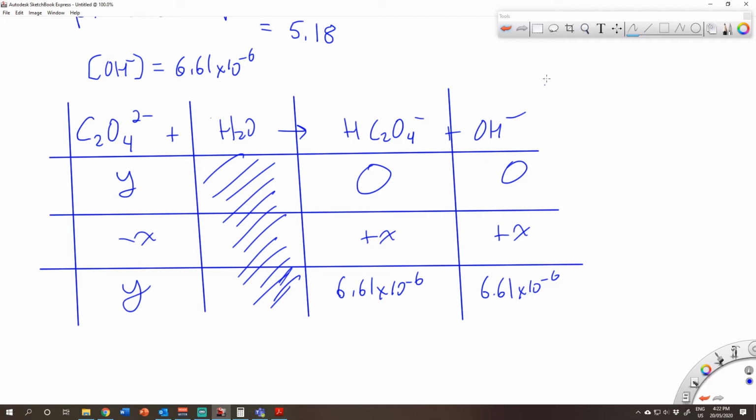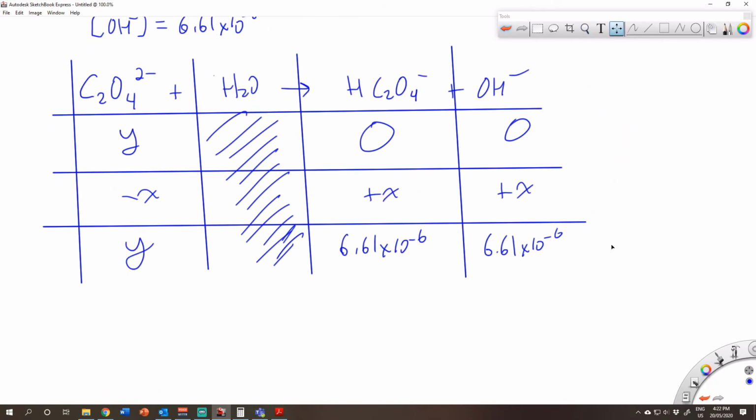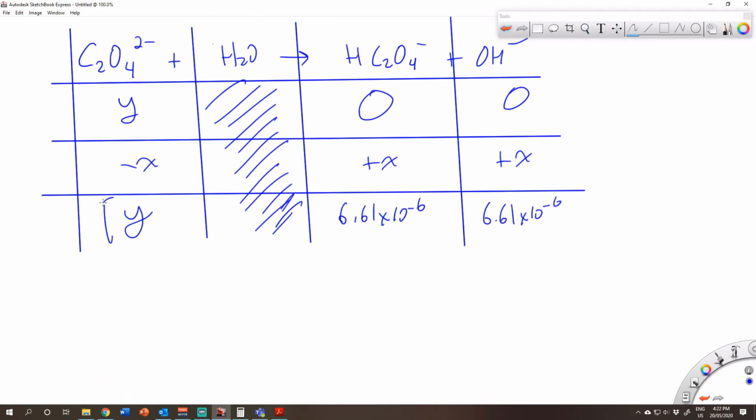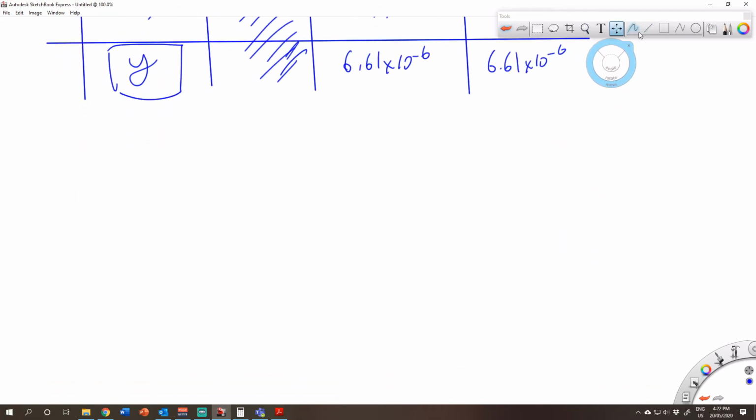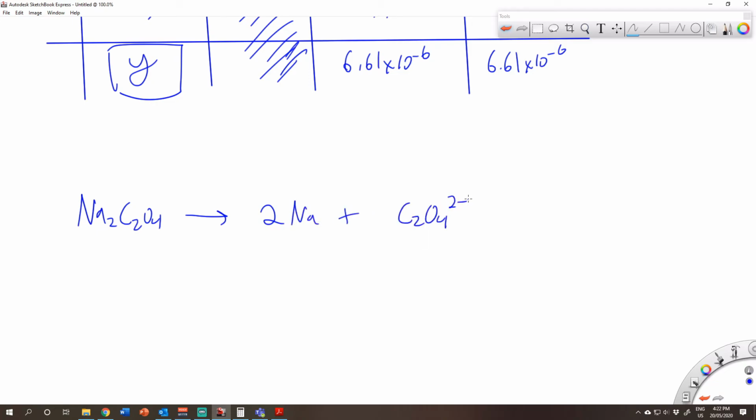Okay. Now we'll set up our KB because what we want is this. Why do we want that? Because the RICE table immediately after this will look like this. The Na2C2O4 will dissociate into the following: 2Na plus and C2O4 2 minus.